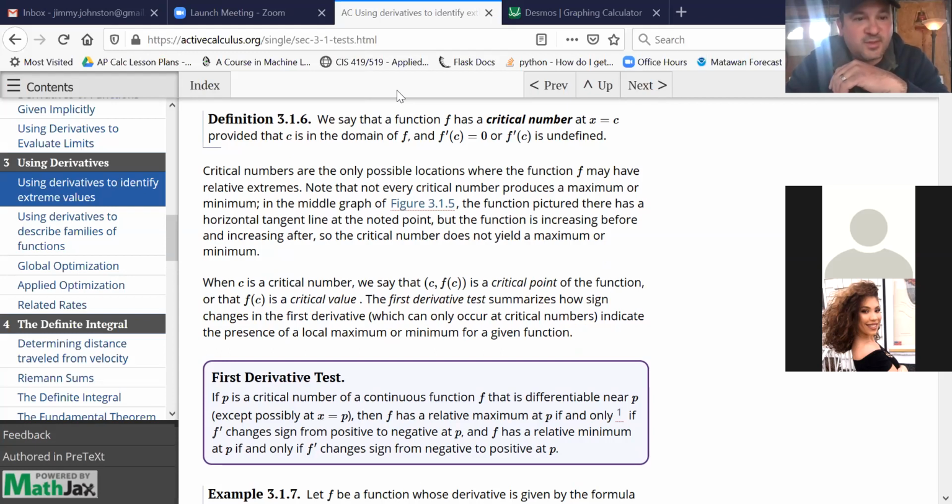Hey, Chris, welcome. I'm just seeing this chat piece now.